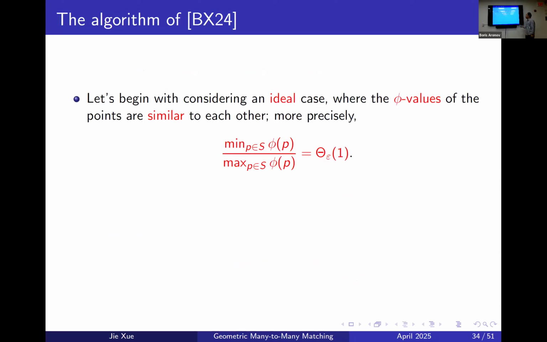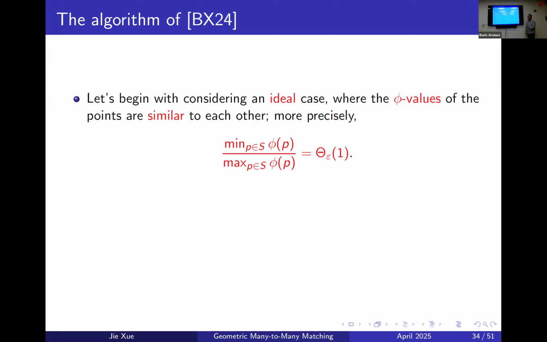What is the ideal case? Look at the phi values, in other words, the penalties of the points. Let's assume that the smallest penalty and the largest penalty are somehow similar to each other, in the sense that the ratio of the smallest one to the largest one is bounded by some constant depending on epsilon.